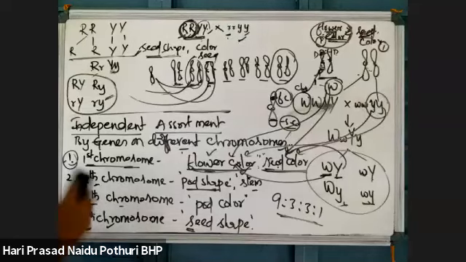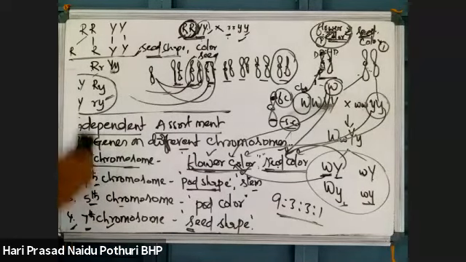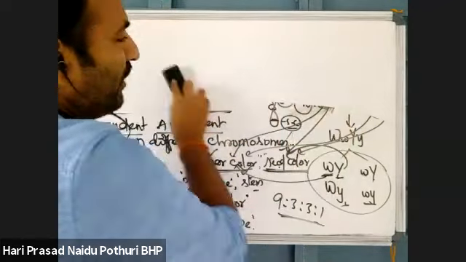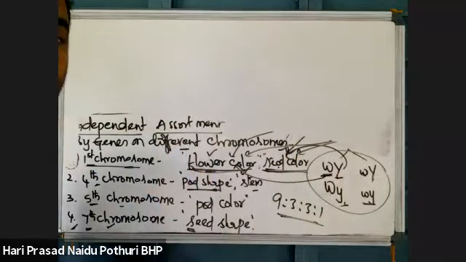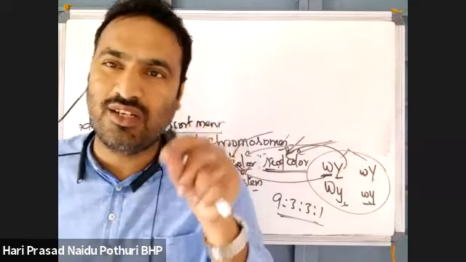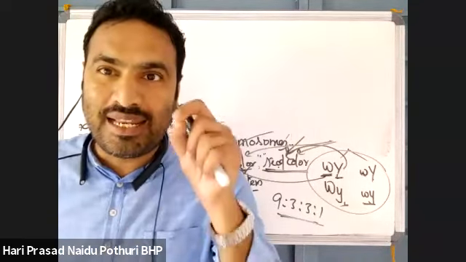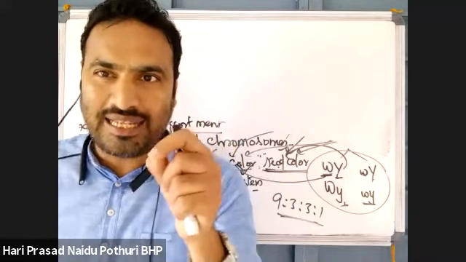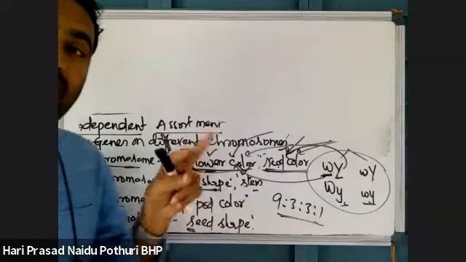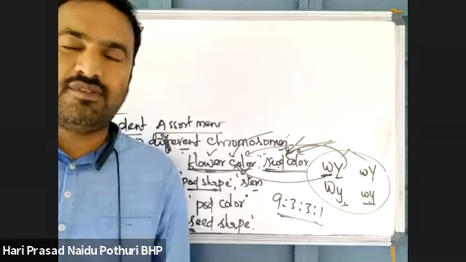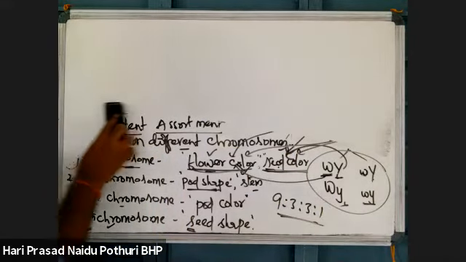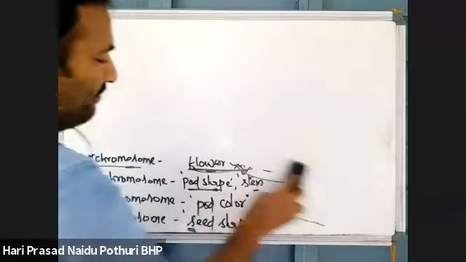Okay. So this independent assortment is possible when genes are present on different chromosomes. Luckily, important this word: luckily, by luck, Mendel selected characters which are present on different chromosomes. That's why his law of independent assortment was possible.